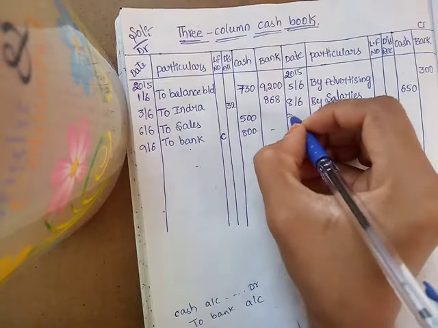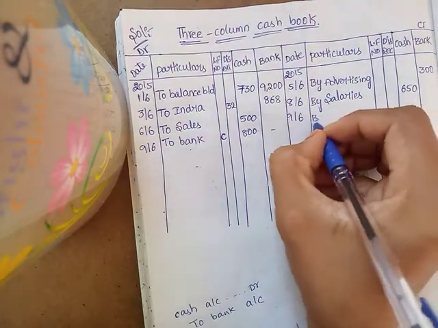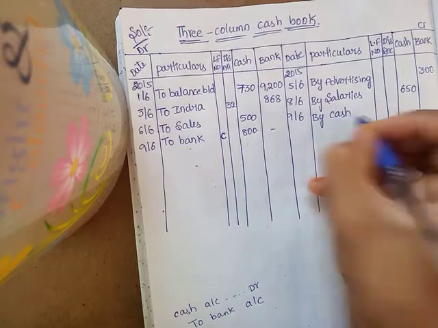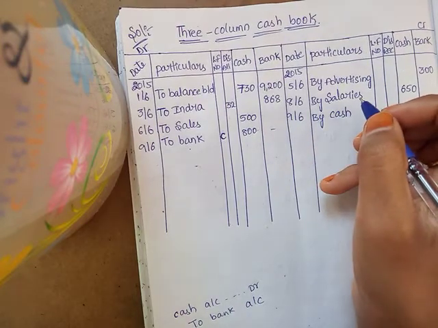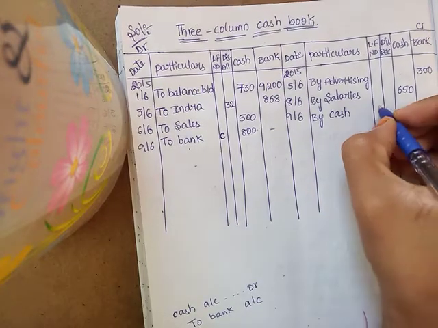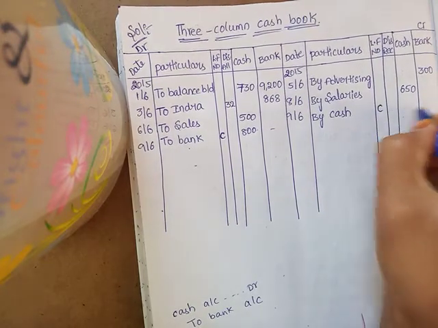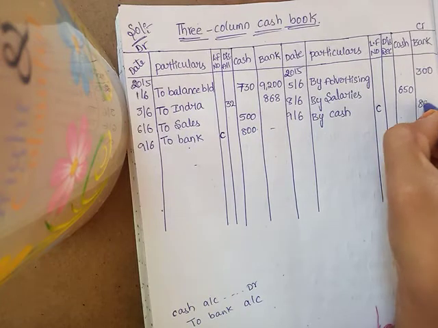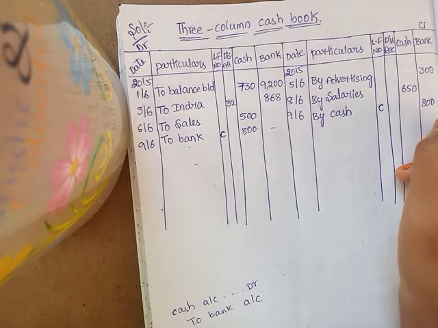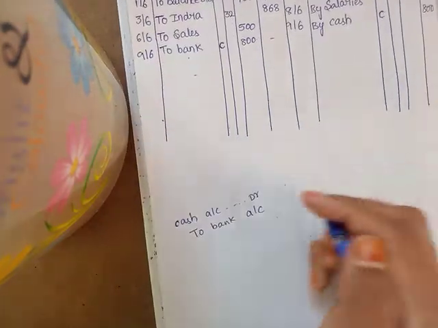Next is by cash, amount written in the bank column, 800. Next is drew cash for personal use.